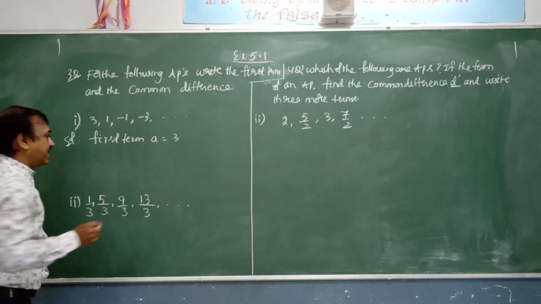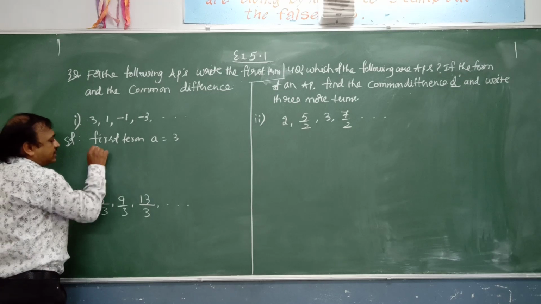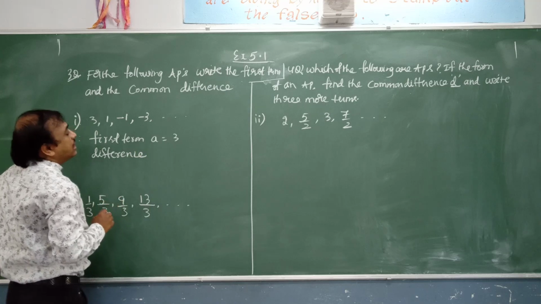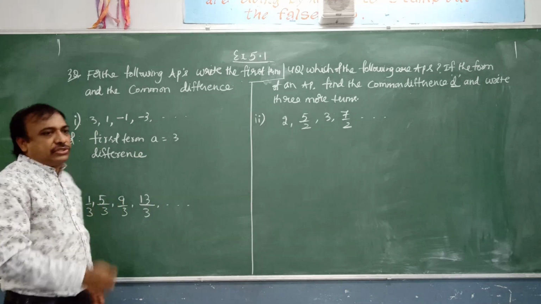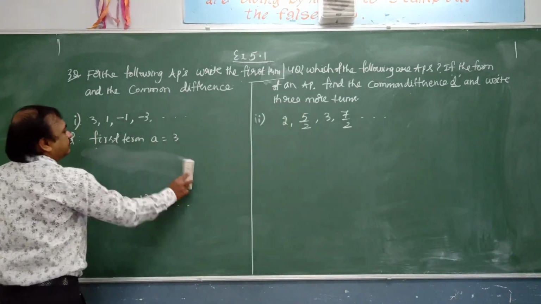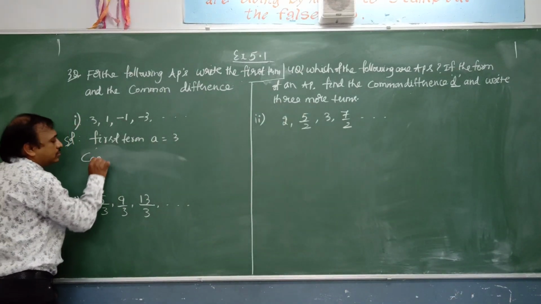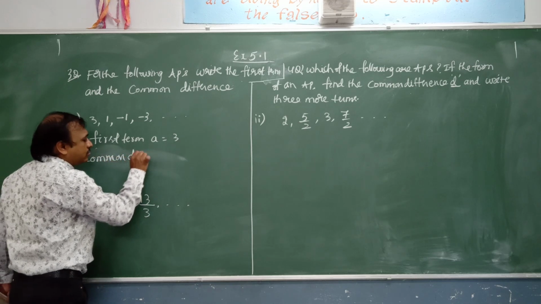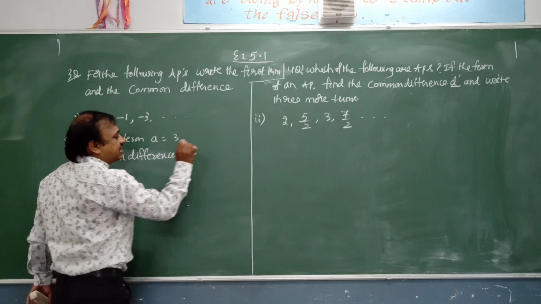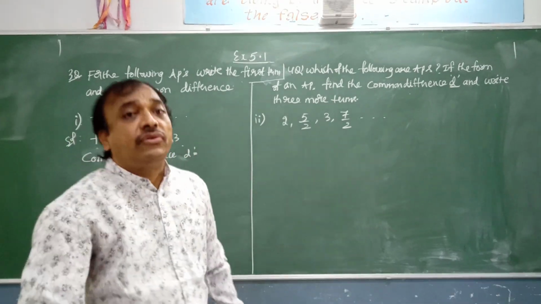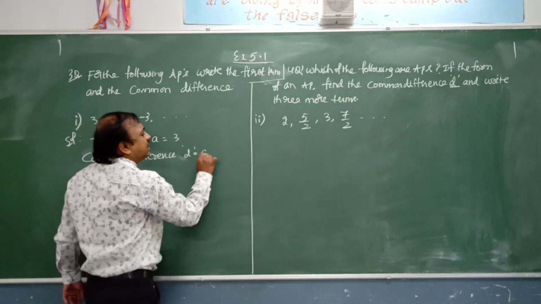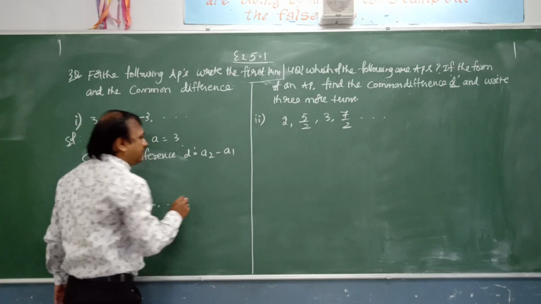Now difference. Which difference is he asking? Common difference. So you have to find out the common difference. How to find out the common difference? Common difference, denoted by D, is equal to the difference of any two consecutive terms, that is, A2 minus A1.